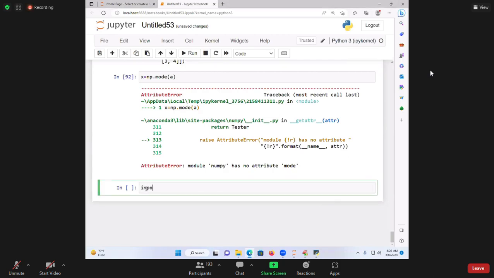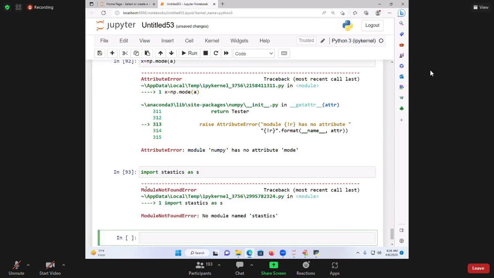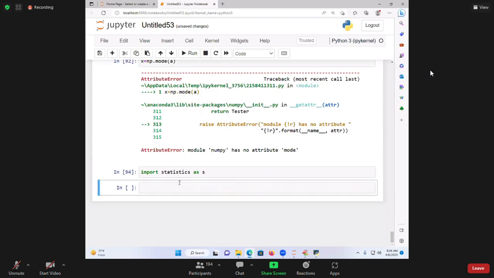In Python, there is a module called statistics. The statistics module is available. Statistics as st. What is the spelling? S-T-A-T-I-S-T-I-C-S.